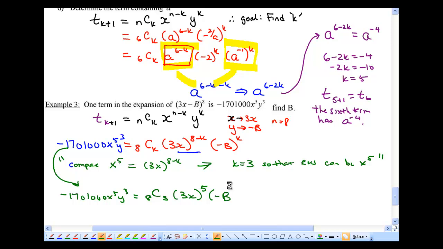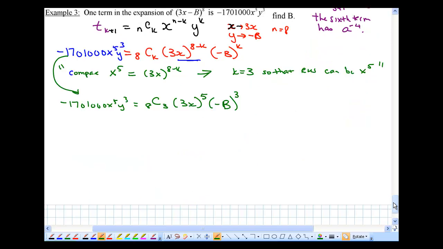Negative b to the power of 3. So let's continue further and try to simplify. 8 choose 3. 8 times 7 times 6 over 6, so that's 56.